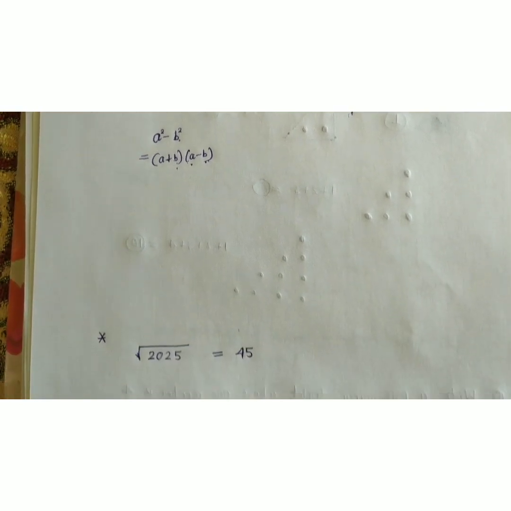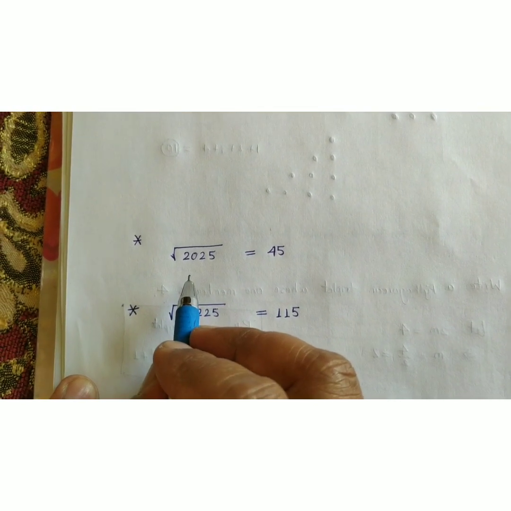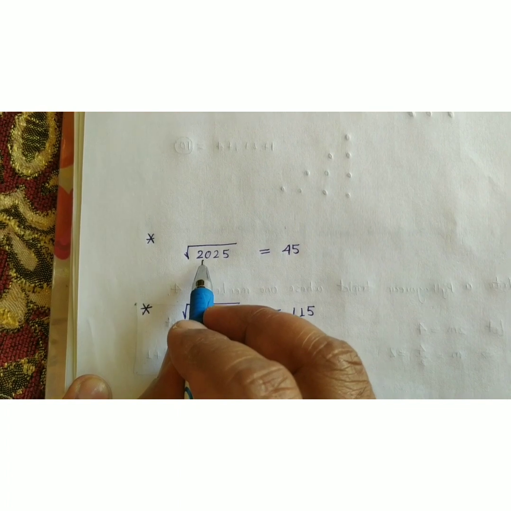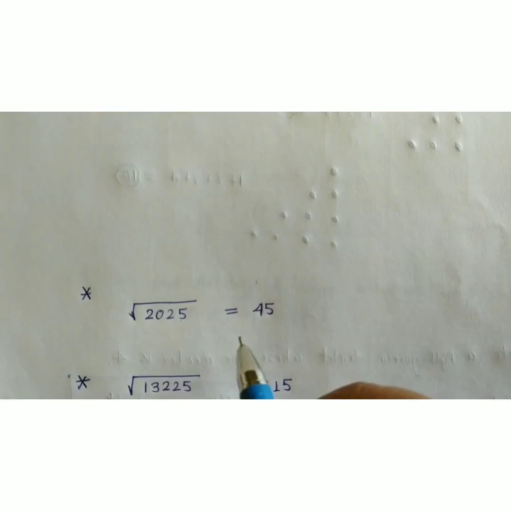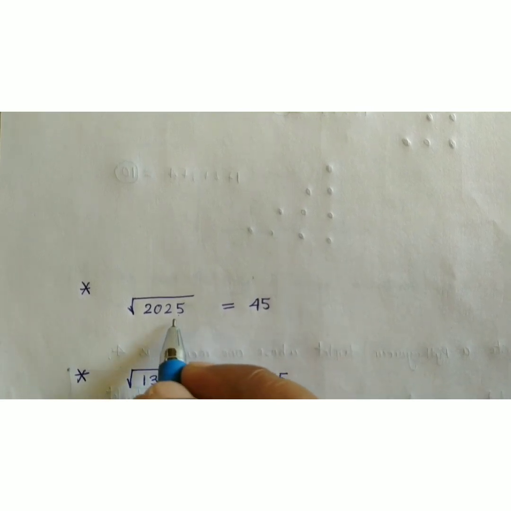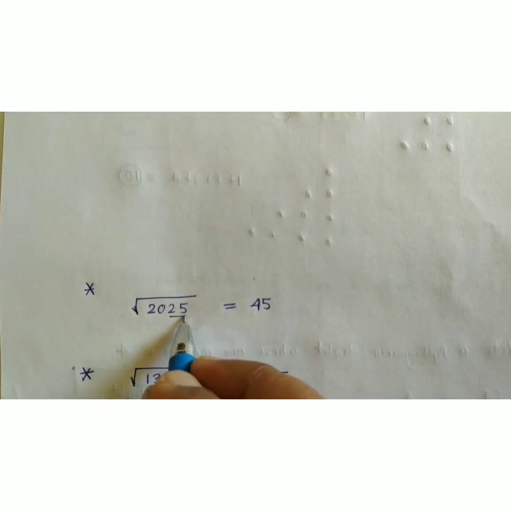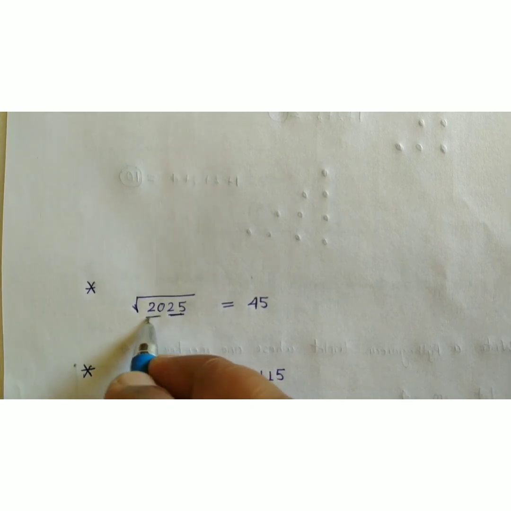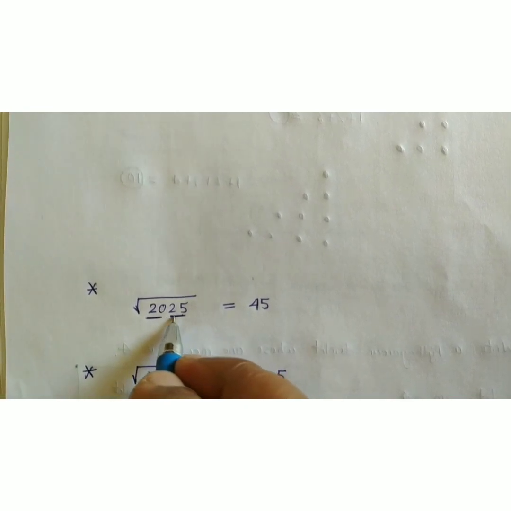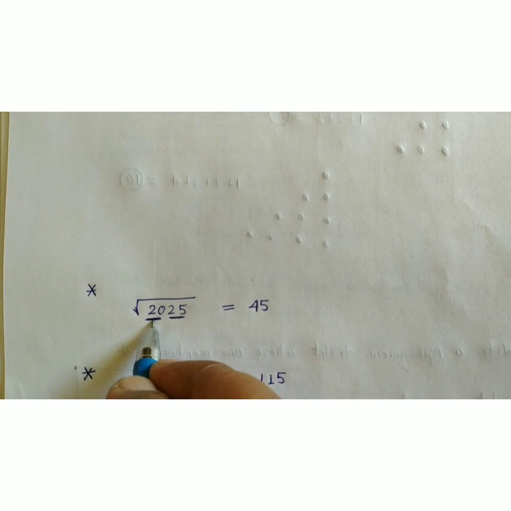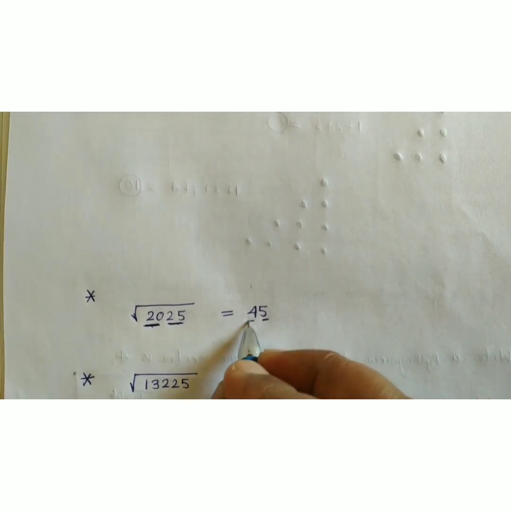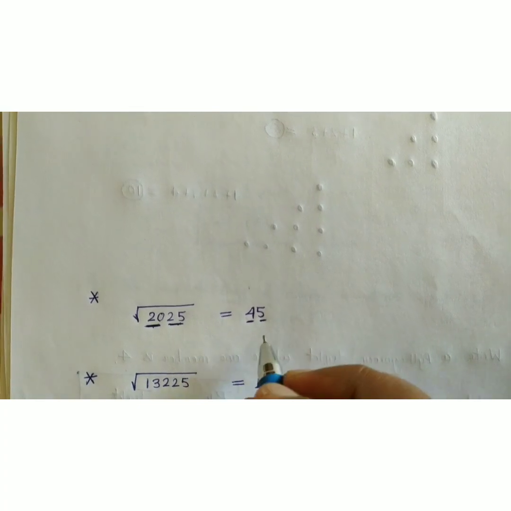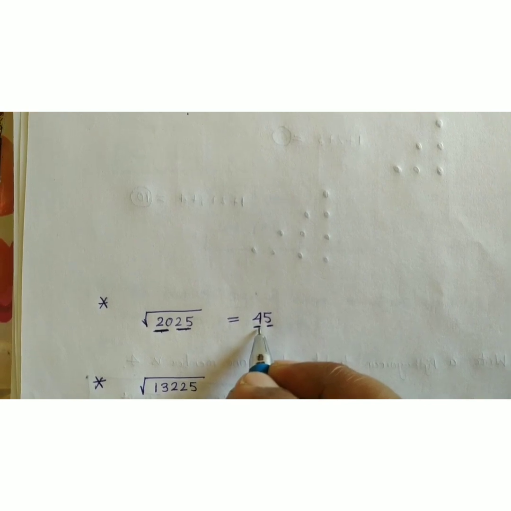Next we will discuss under root 2025 is equal to 45. Now when we form the groups, here we can see that there are two groups. Therefore number of digits in the square root of 2025, which is 45, is equal to 2.